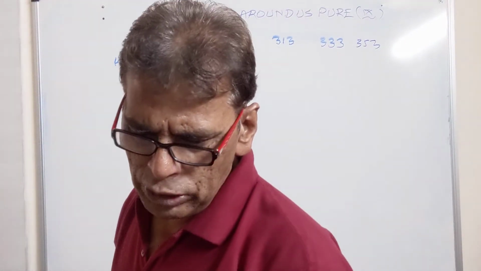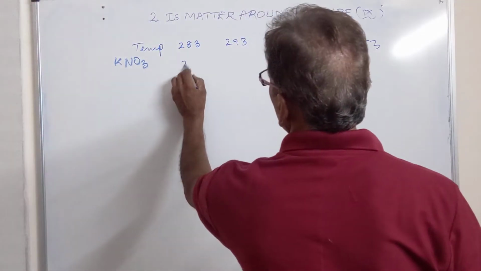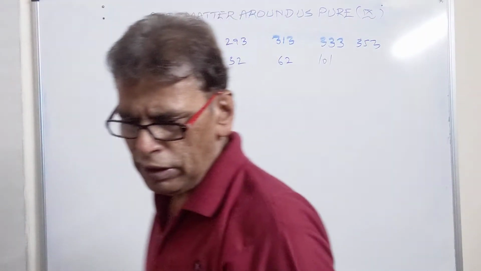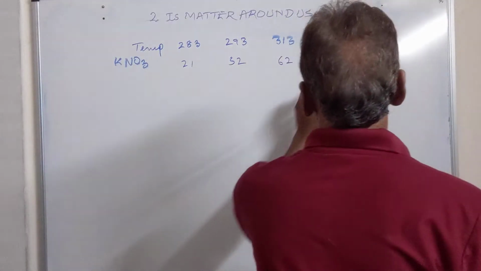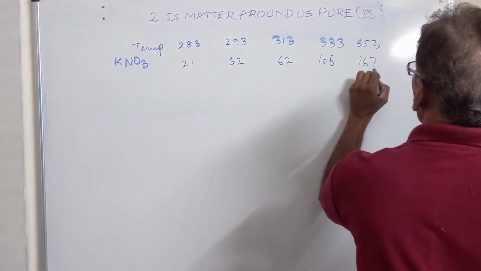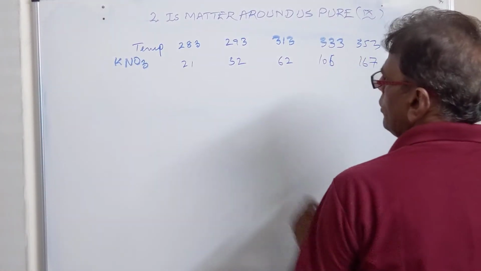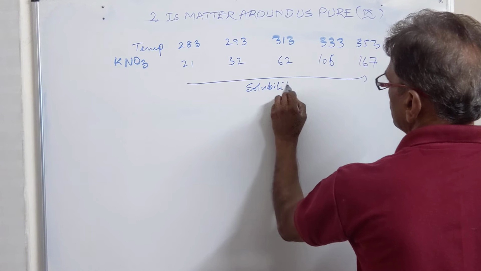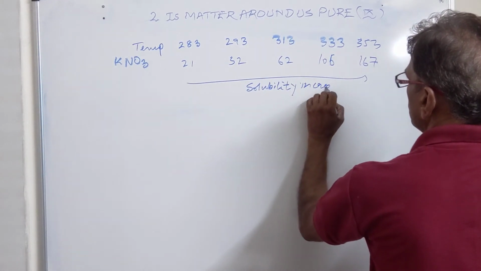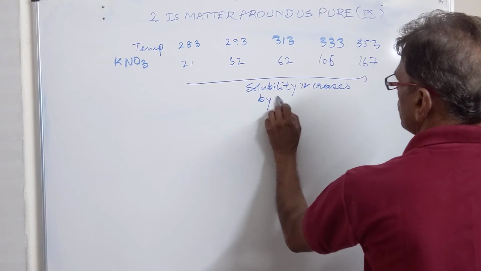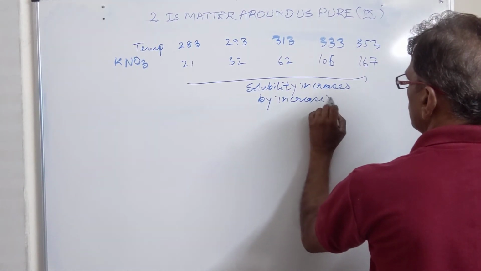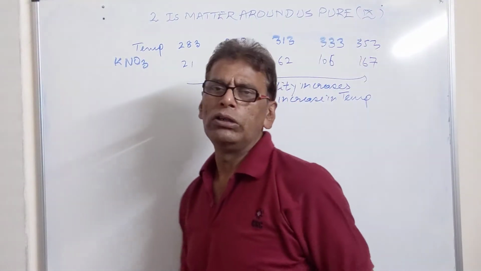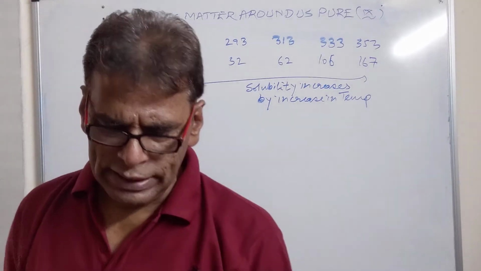Solubility is 21, 32, 62, then we have 106 at 333 Kelvin, and 167. So when temperature is increasing, the solubility is increasing. It means KNO3 dissolves endothermically, it requires heat for its dissolution.